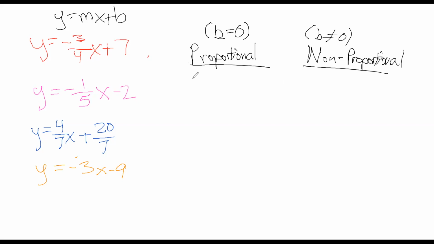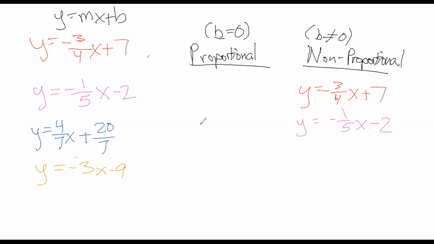So based on these equations, we can see that y equals negative 3/4 x plus 7 is going to be non-proportional because the y-intercept is not 0. It's 7 in this case. And then the equation y equals negative 1/5 x minus 2 is also non-proportional because there's a negative 2 for the y-intercept.